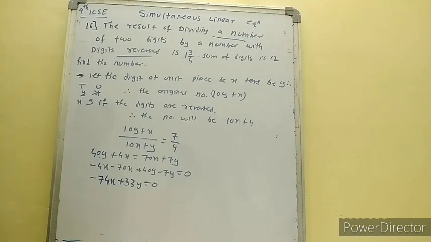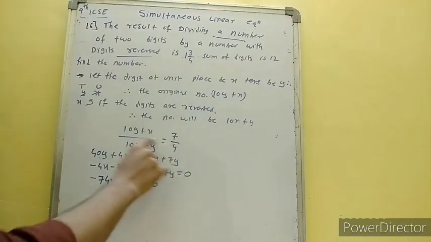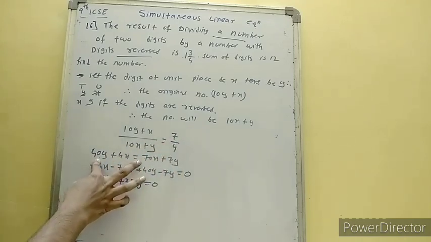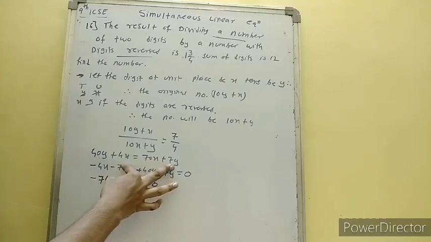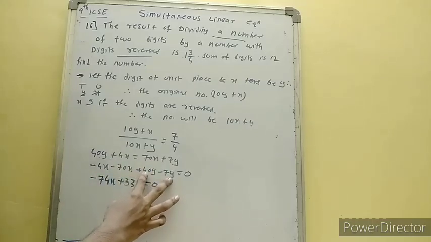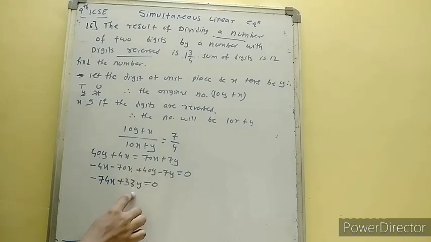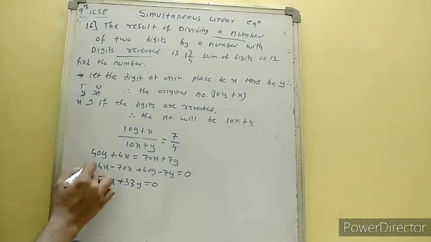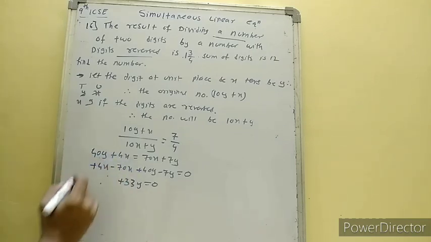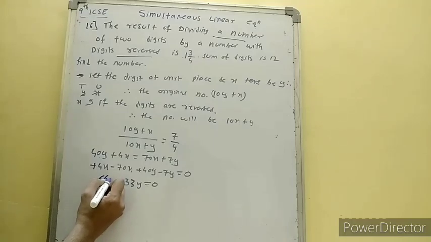Let me redo it. 4 into 10y, 40y, 4 into x, 4x, 7 into 10x, 70x, 7 into y, 7y. 40y minus 7y will give me 33y, and 4x minus 70x is minus 66x.